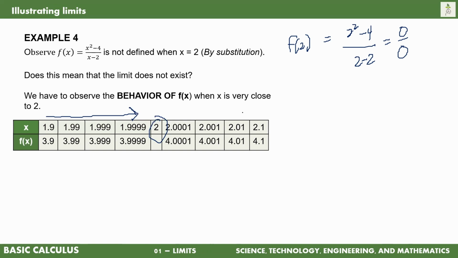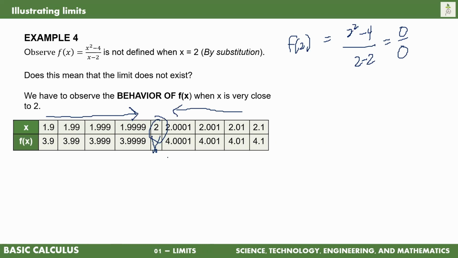Kapag naman from the right side going to the left side, kapag pinlug in mo yung function, 2.1, 2.01, paliitin mo pa ng paliitin papunta sa 2, ito yung nagiging values. From 4.1, naging 4.01, 4.001, and so on. Anong napansin nyo? Pero by the way, hindi siya defined dito sa 2, so wala kang ilalagay dyan.